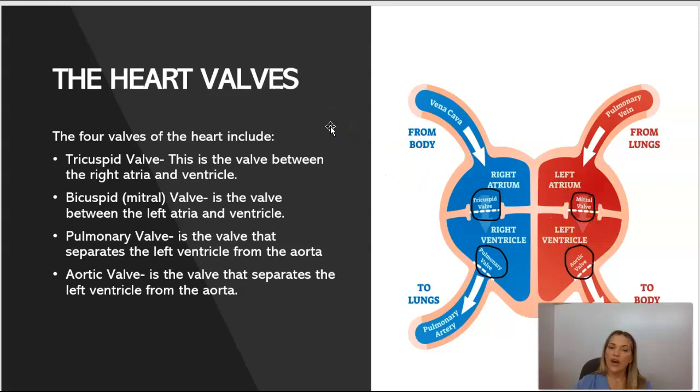You have the pulmonary valve, and this is the valve that separates the left ventricle from the aorta, which we'll talk about coming up very shortly. And then you have the aortic valve, and this is the valve that separates the left ventricle from the aorta.